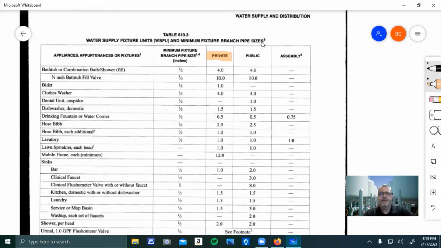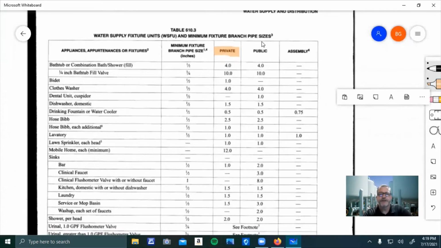There are public use areas and there are methods of sizing for public, but for all intents and purposes, today it's private. So we have the bathtub. The bathtub is 4 fixture units. Clothes washer, 4 fixture units. Dishwasher, 1.5 fixture units.